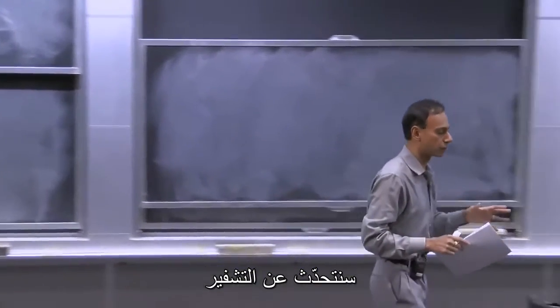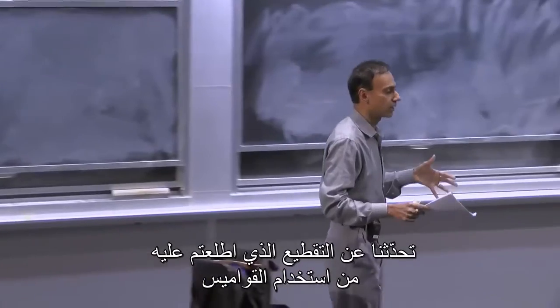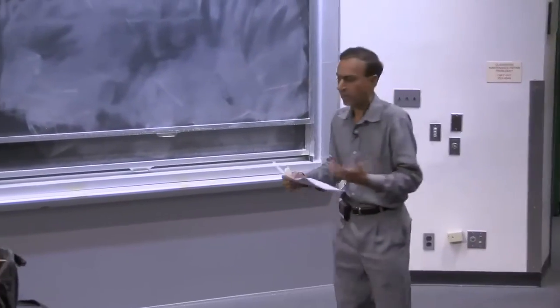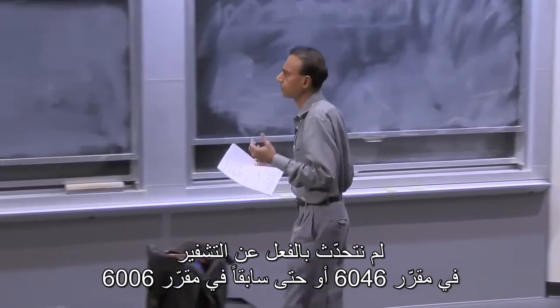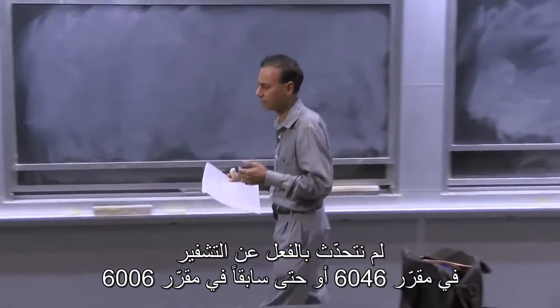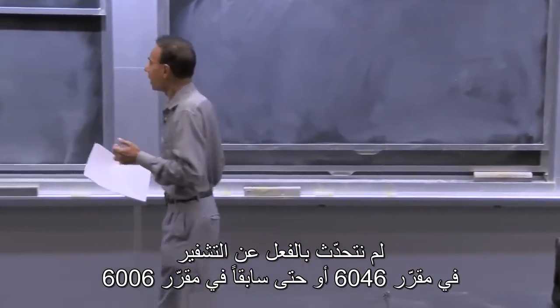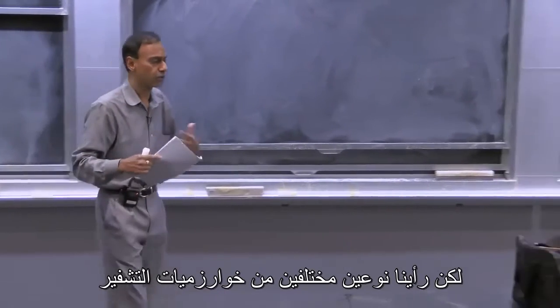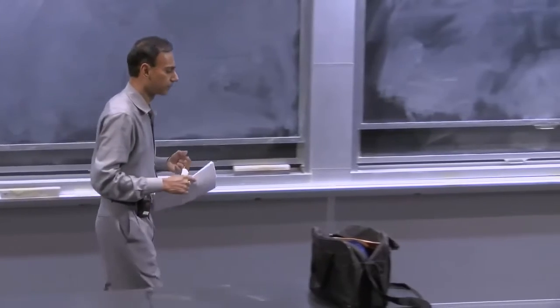We're going to talk about encryption. So we talked about hashing, which of course you know about from the use of dictionaries. We haven't really talked about encryption in 046 or even in 006 previously. But we'll look at two different kinds of encryption algorithms.